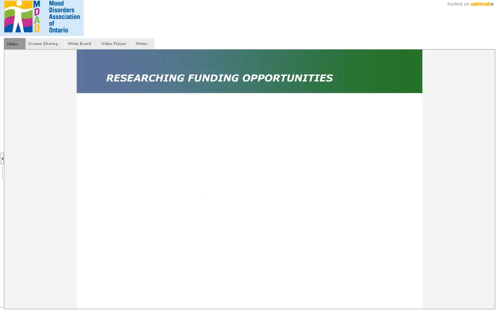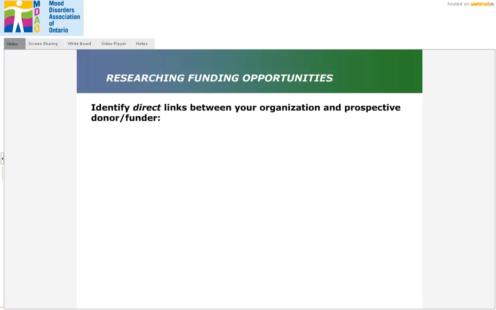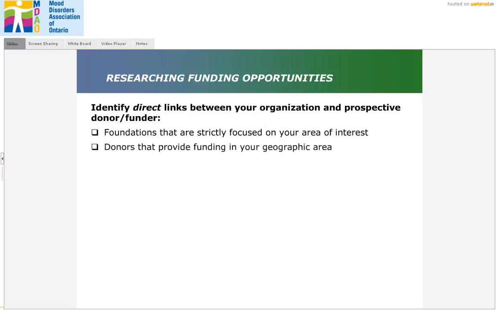So when researching prospective funding opportunities or funders, identify direct links between your organization and the prospective funder. These include foundations that are strictly focused in your area of interest or expertise, and that fund within your geographic area, as some funders have specific geographic areas that they focus on.